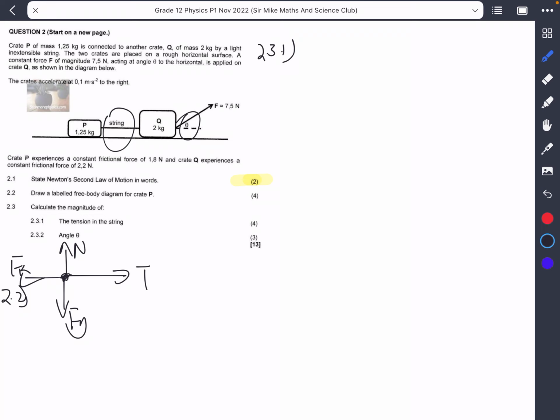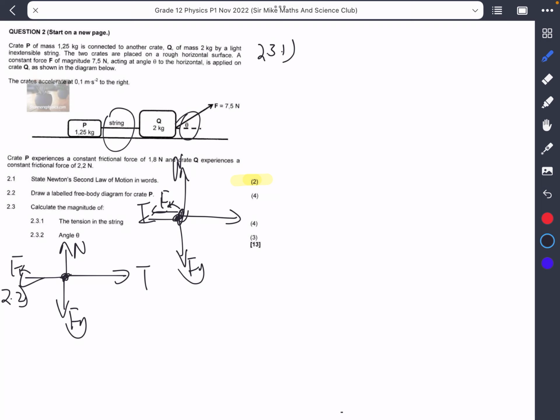Why? Because we also have an unknown variable, theta. If you were to draw a free body diagram of crate Q, you would have Fg, tension, and friction. Now if you were to resolve that force F, remember we still have the normal force there.